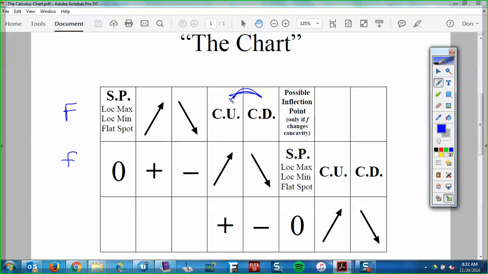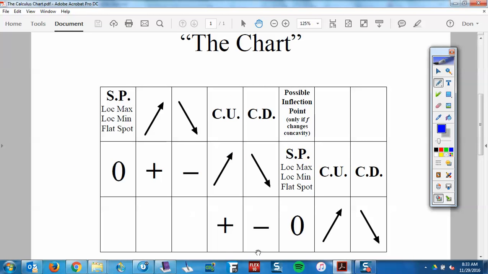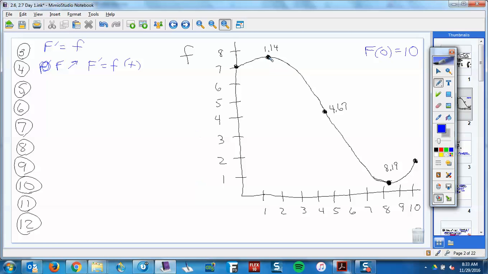So big F switches concavity when little f goes up to down or down to up, right? Maxes and mins. So that's going to be here and here. So big F has points of inflection at 1.14 and 8.19, because that's where little f, which is big F prime, switches from increasing to decreasing, or vice versa.